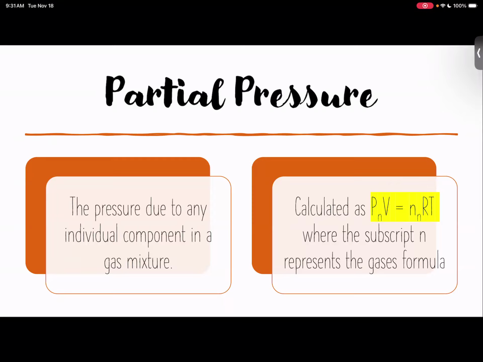When we say partial pressure, each gas applies its own pressure. If you think about the gases in this room, we have nitrogen gas. The nitrogen is zinging around the room, bouncing off the walls, bouncing off of you, bouncing off of other particles, meaning that that nitrogen is applying its own pressure.